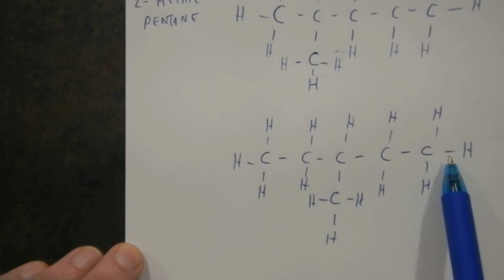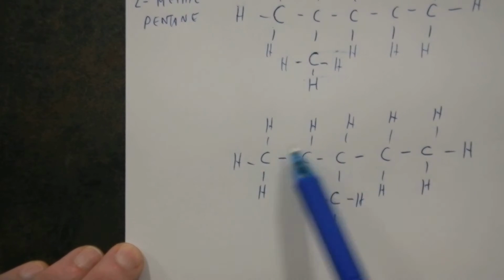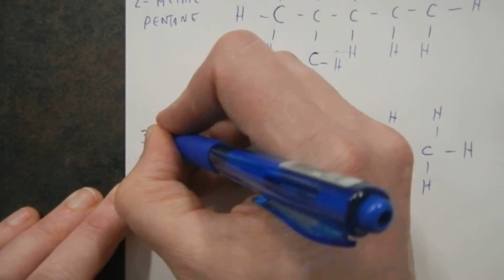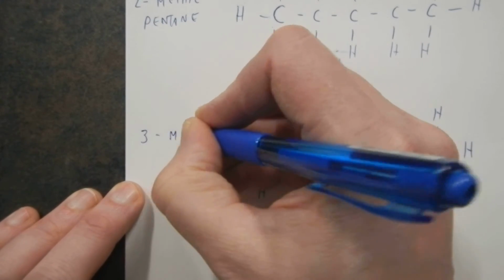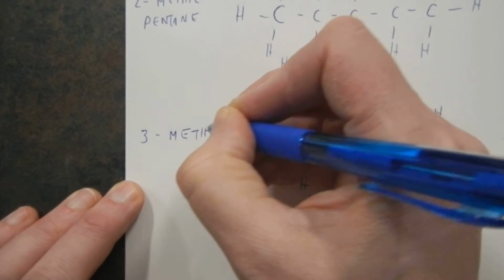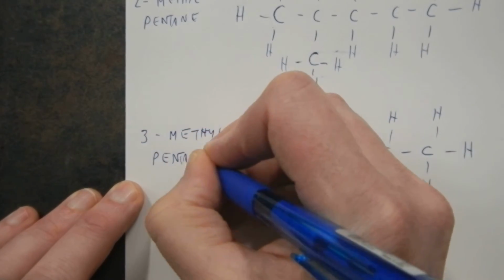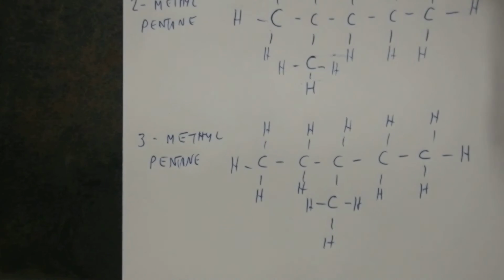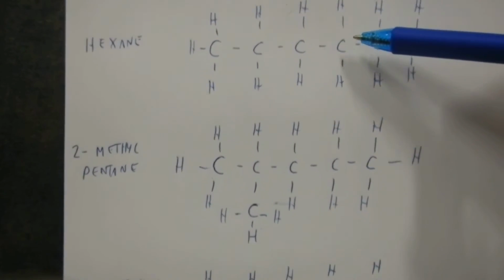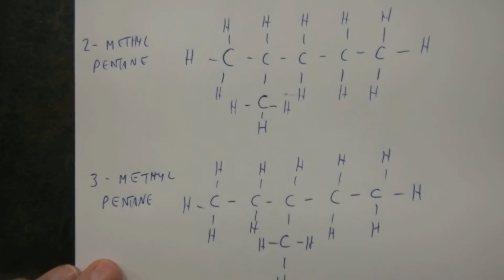I still have pentane. But now the methyl group's on the third carbon. So this is called 3-methylpentane. So that's an example so far of 3 isomers of hexane.